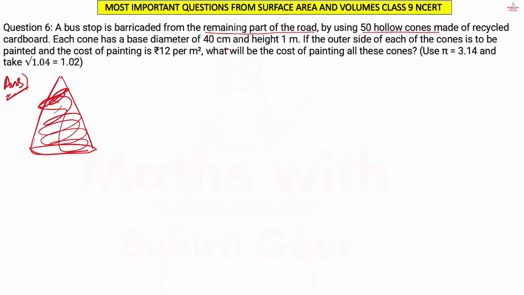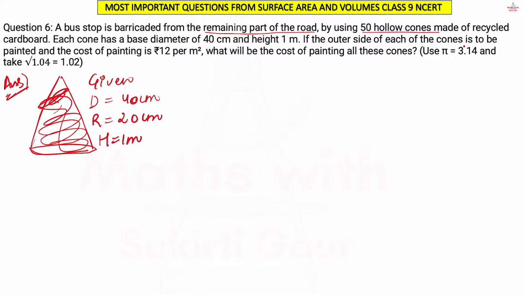Each cone has a base diameter of 40 centimeter. Let us also write here that each cone has a base diameter of 40 centimeter. So we will be required to find out the radius. Let us do it here only. It will be half of diameter, that is 20 centimeter. And then the height is given. Height is equal to 1 meter, right?